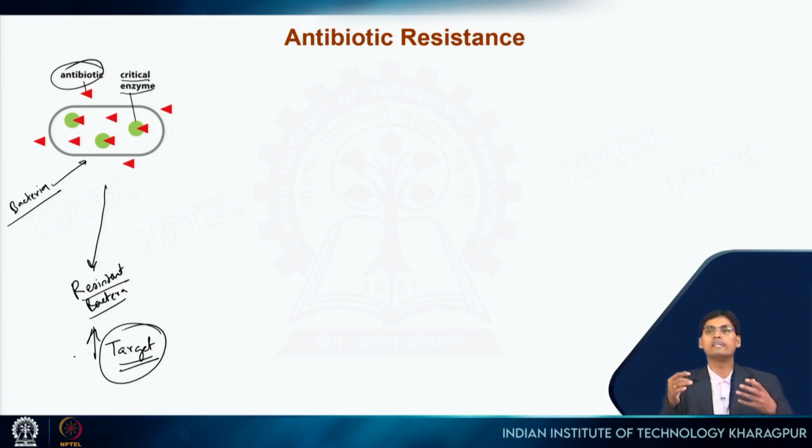So if they can increase the amount of target molecule, particularly here the critical enzyme, a lot, then however much antibiotic we give, a very high dose can be a problem for the host cell also, right? So this is one strategy bacteria use and they become antibiotic resistant.